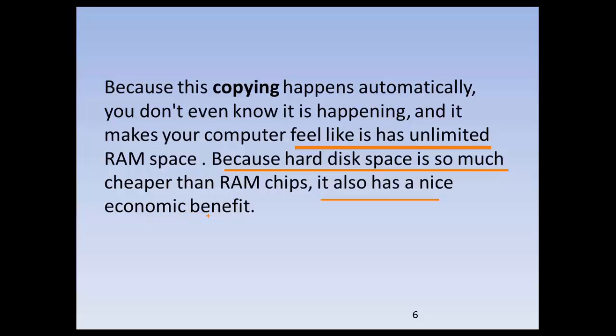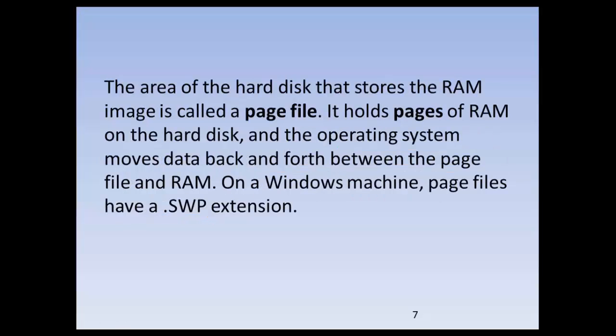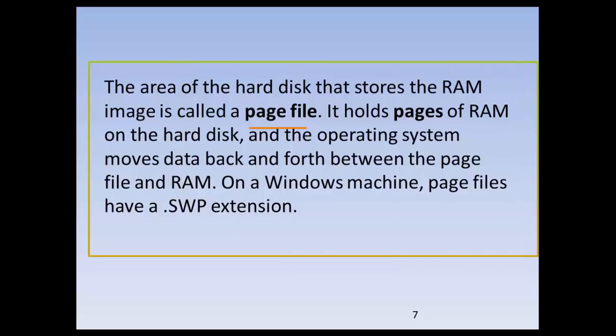The area that stores the RAM data is called the page file. I will show that practically also. It holds the pages of the RAM on the hard disk, and the operating system moves data back and forth between the page file and the RAM.